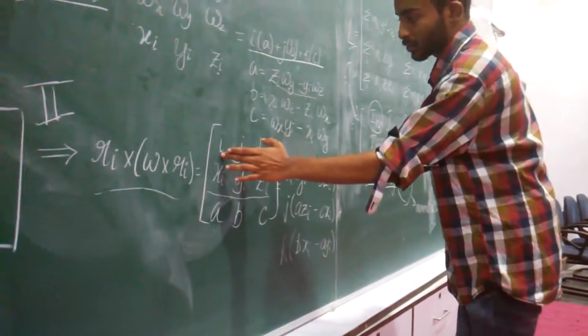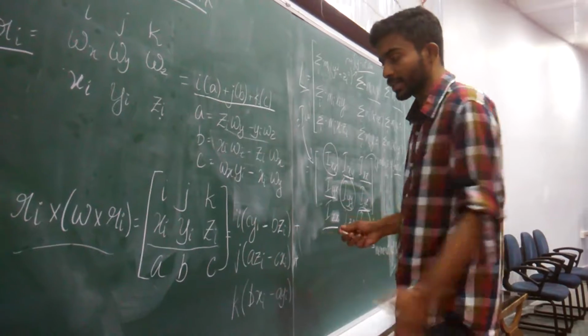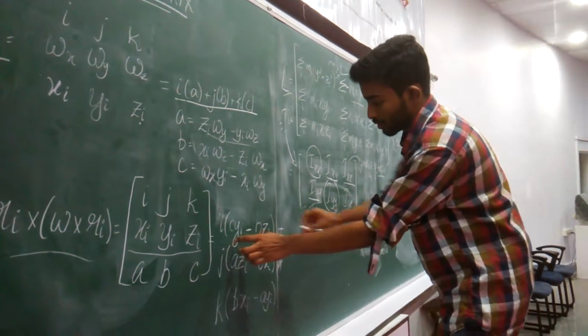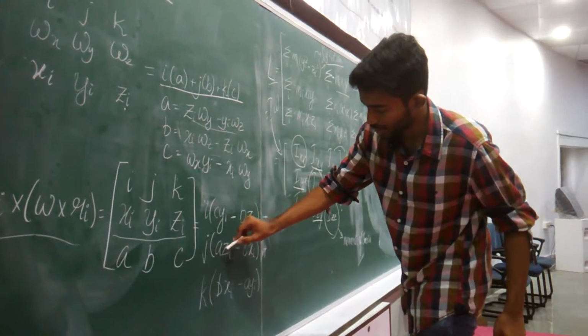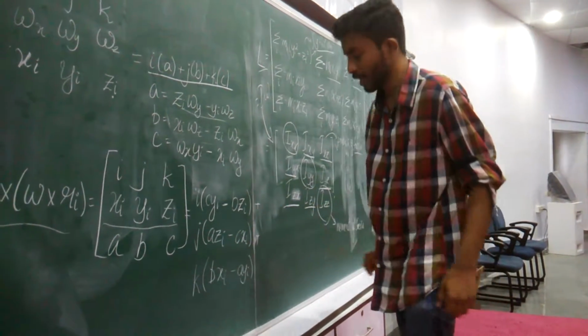Now transforming this again into linear form, that is taking the determinant of this matrix, we get i (c yi - b zi) + j (a zi - c xi) + k (b xi - a yi).